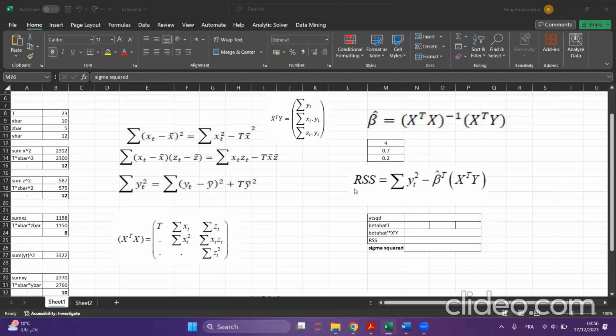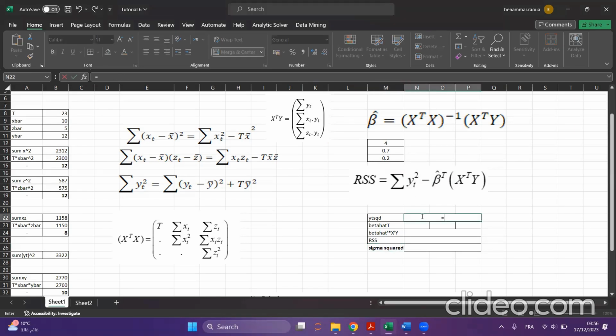So we start by calculating the residual sum of squares using this formula. The first part is the sum of yt squared, which we can find here in the preliminary calculations we already did. Then we need beta hat transpose, which is this one transposed.